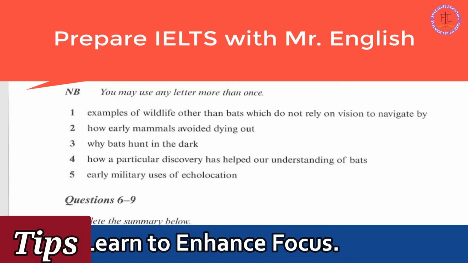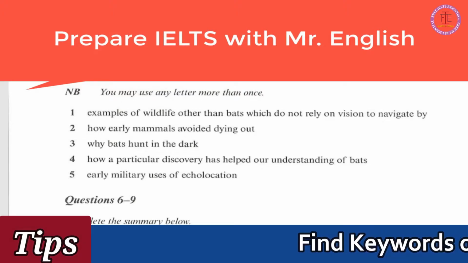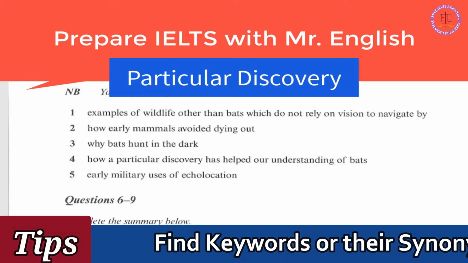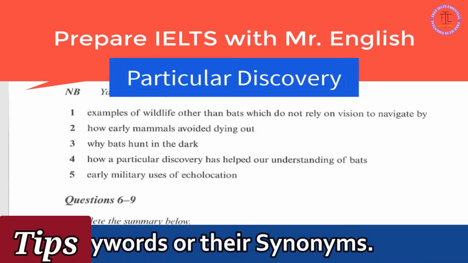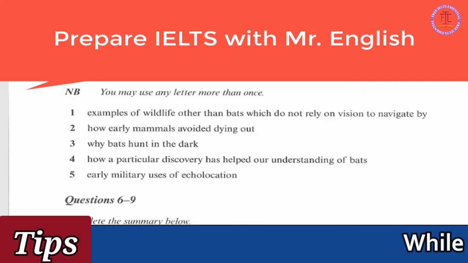And the fourth one is how a particular discovery has helped our understanding of bats. So I mean it's about a discovery. Surely it's a kind of research that has yielded some important results, an understanding of bats.